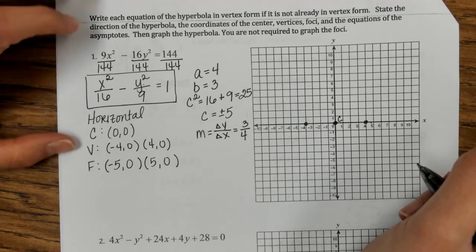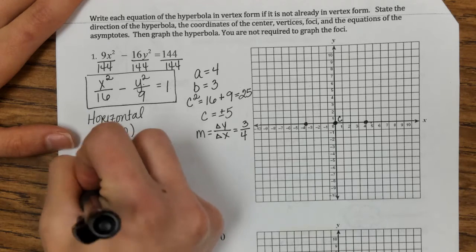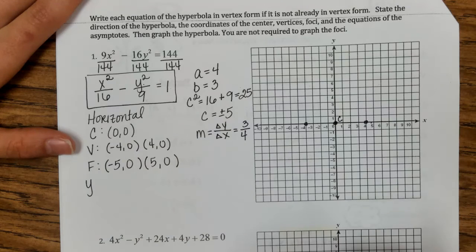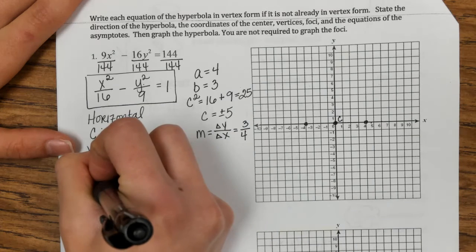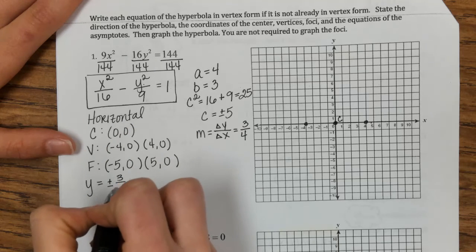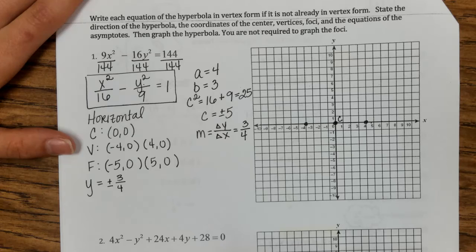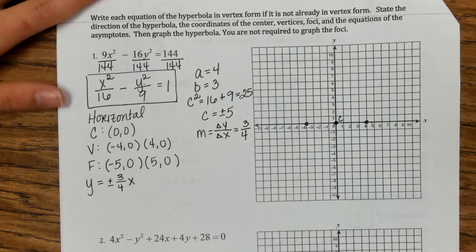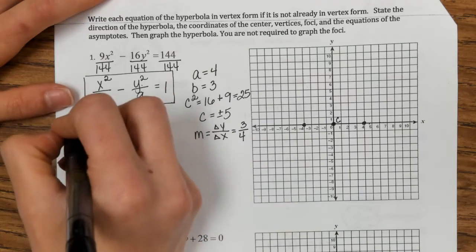Y'all follow that? Alright, then in point slope form, we've got y. You would have minus 0, but you don't need to write that. So it can just go straight to y equals plus or minus my 3/4. Again, here you would have x minus 0, which you don't need, so just have y equals plus or minus 3/4 x.